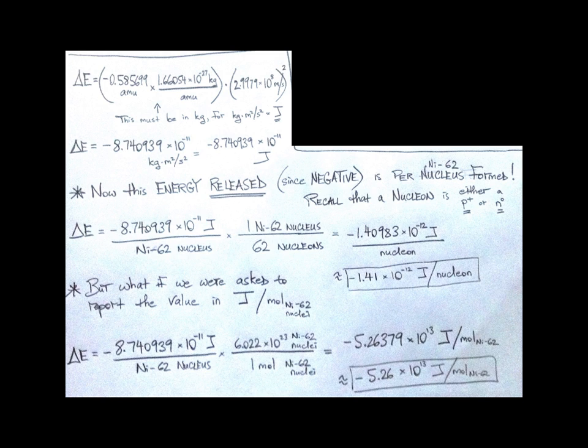Of course, this is easy to see if we're using our units to guide us. Since we have a nickel 62 nucleus, we can only go from nuclei to 1 mole of nuclei. And so if we multiply by Avogadro's number, we get joules per mole of nuclei formed.